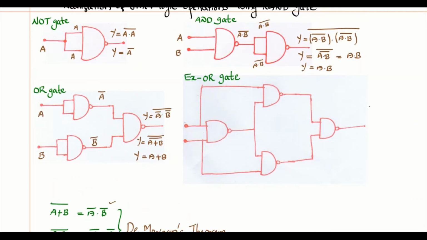Finally, exclusive OR gate, the realization of exclusive OR gate using NAND gate. We have two inputs, A and B. The output of the first NAND gate is A dot B complement.